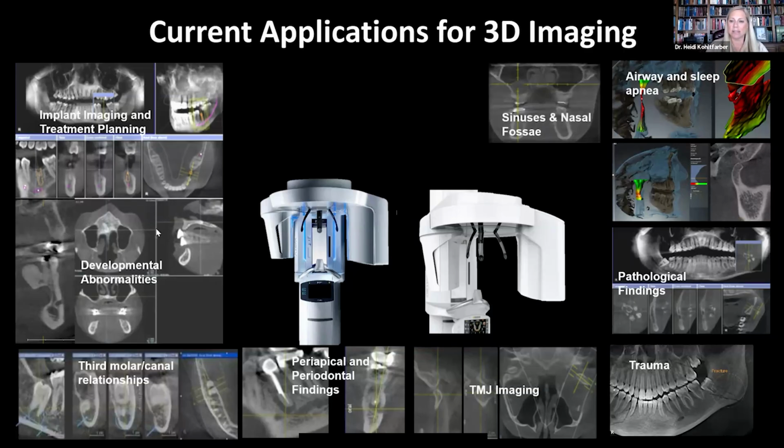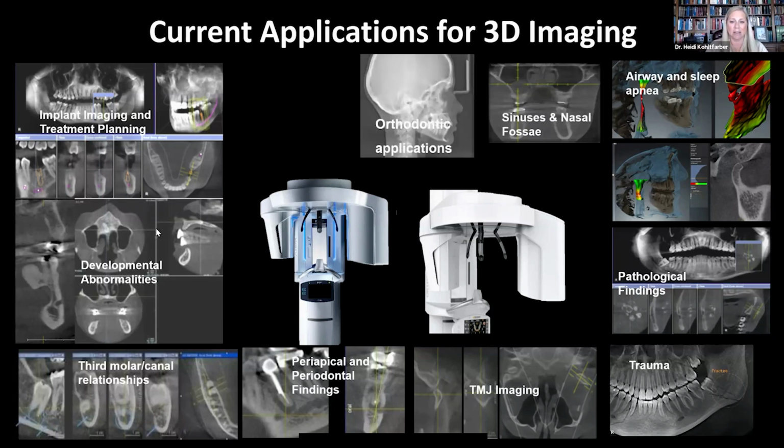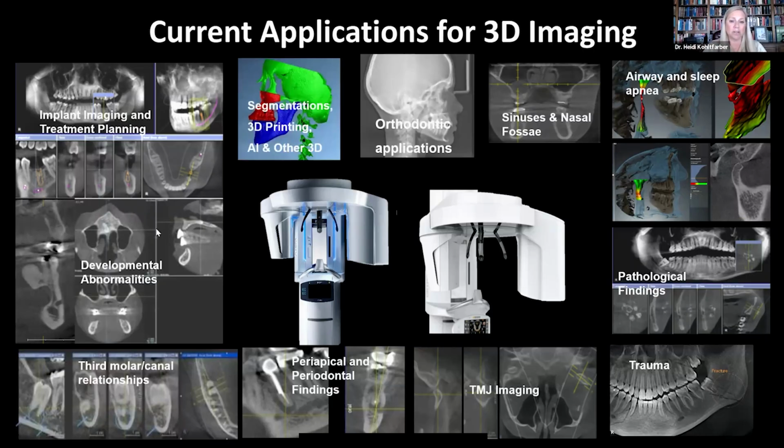Sinuses and nasal fossa, we see a ton of stuff within the sinuses and the nasal fossa. Of course, orthodontic applications. There are 3D printing applications, AI applications, segmentations, other 3D imaging as well. So there's a whole host of things that you can do with your CBCT.